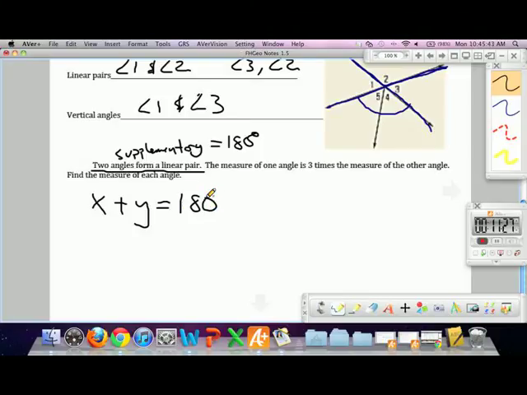How does the measure of angle x compare to the measure of angle y? Say y is 3 times x, or x is 3 times less than y. That's a weird way to say it, but sure. We can say 3 times x better be y. You could go the other way around and say 3 times y is x. It doesn't matter, we're still going to get two separate numbers. So you could plug in and say that whatever the measure of angle x is, plus 3 times that same measure of angle x, better be 180.